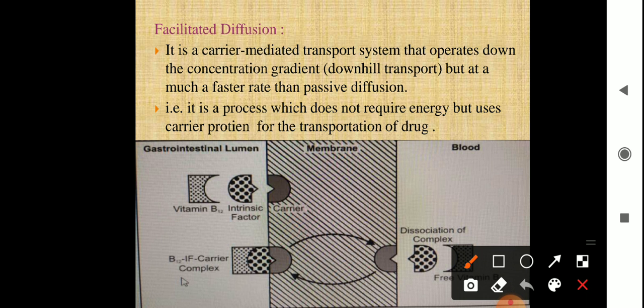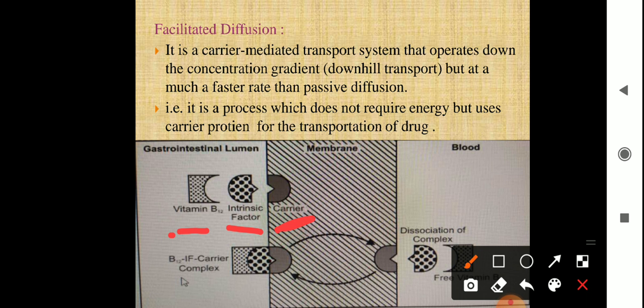So in this you can see the example of vitamin B12, and here in this image, this one is an intrinsic factor. This is vitamin B12, that is a drug, and here it is a carrier which is present in the cell membrane. So this is the gastrointestinal lumen where the drug is administered. After that, it will be combined with the intrinsic factor, which will help it bind with the carrier.